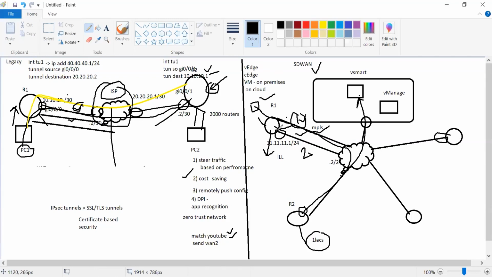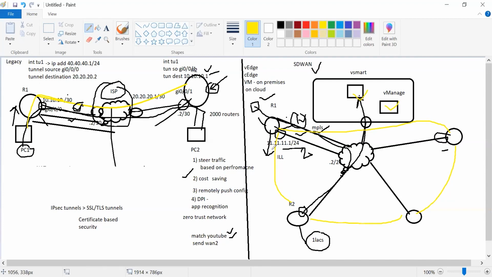Underlay traffic, the IP reachability or ping between 11.1 and this IP address, would not be secure. But the overlay tunnel, the SD-WAN tunnel formed between these devices, would always be certificate based secured. We will see what a certificate is and how these are more secure than traditional networking. Even the communication to vSmart, vManage is secured this way.